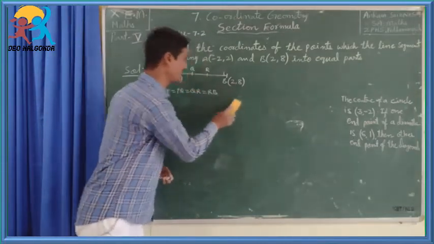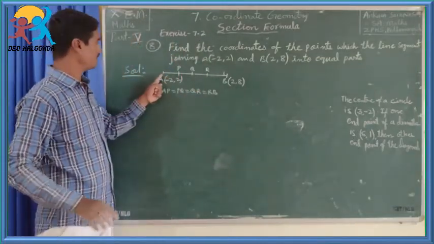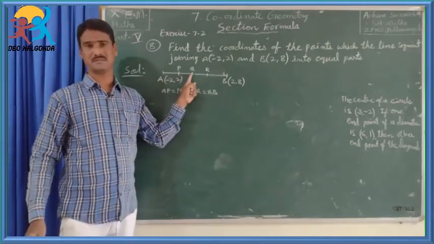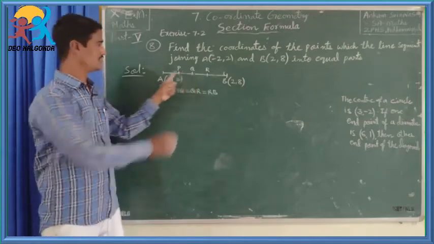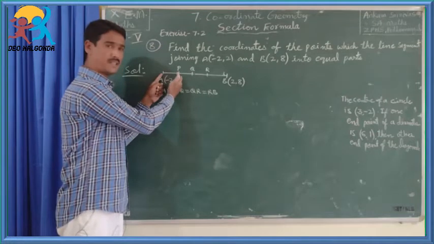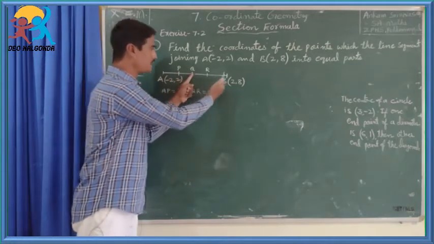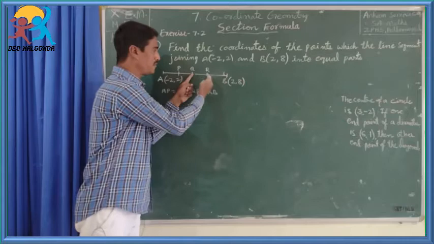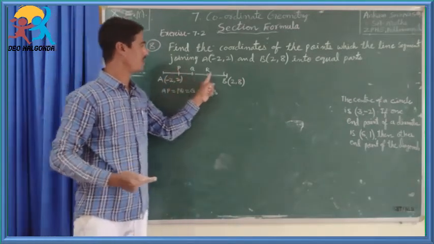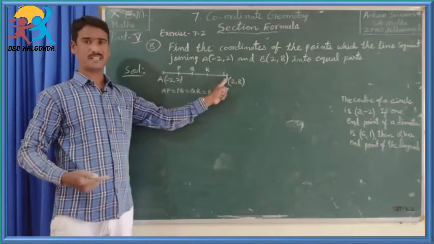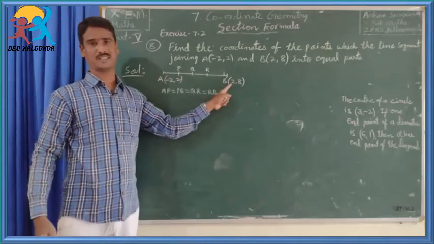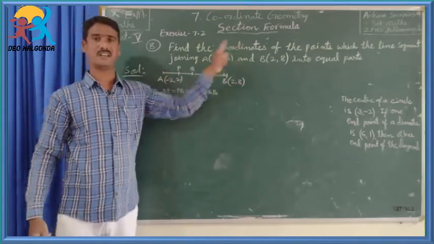Instead of this, we can do it easily. How, children? Let's see. The midpoint of AB becomes Q. And these two parts are equal. So the midpoint of line segment AQ becomes P. The midpoint of line segment QB becomes R. So to find these 3 points, we find the midpoint of AB, the midpoint of AQ, and the midpoint of QB, then we will get the required points.